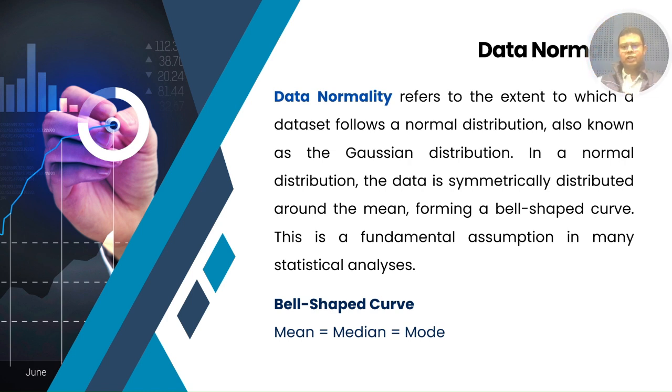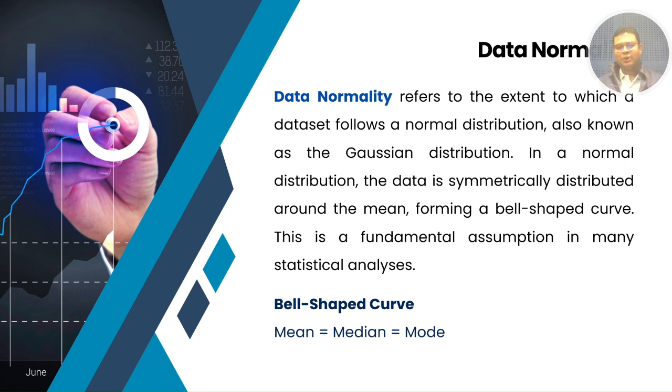So this is the bell shape. If the data is normally distributed, the shape will be bell-shaped. This is a fundamental assumption in many statistical analyses. From our childhood, we have already known this.